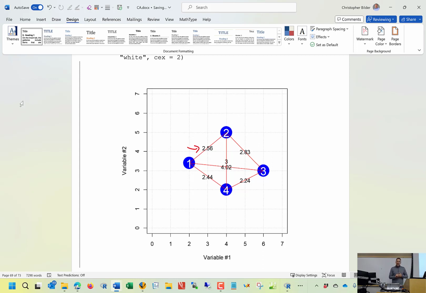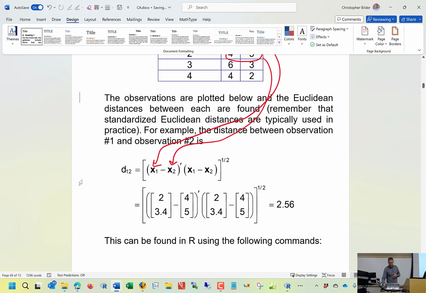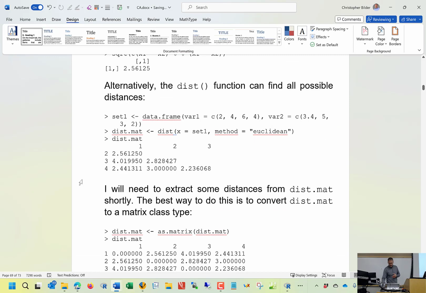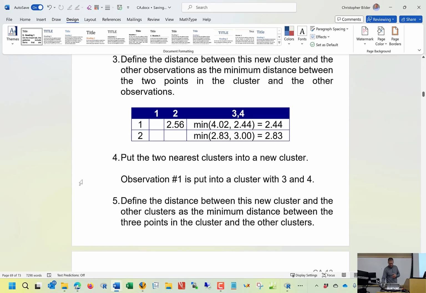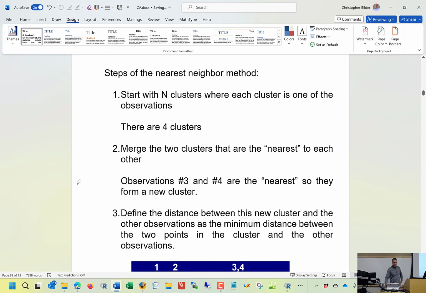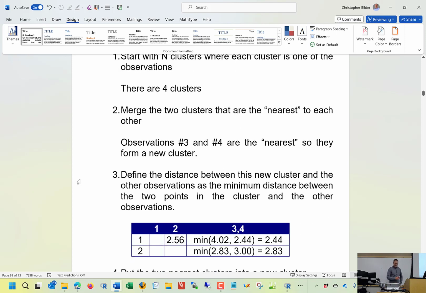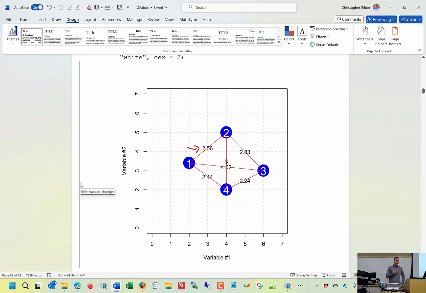And the way that we start the clustering process, sorry, I am jumping ahead here. I need to find the observations that are closest to one another. In other words, again, the clusters that are closest to one another.